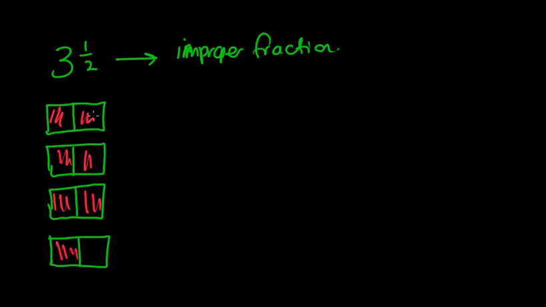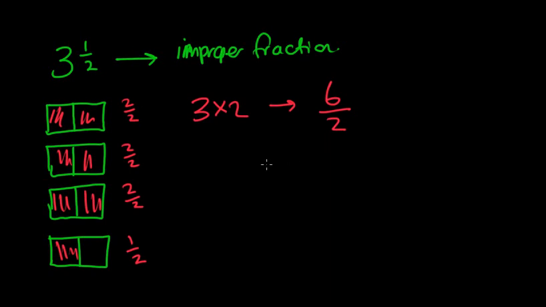So I've got 3 lots of 2 over 2, because that's 2 over 2, 1 whole, 2 over 2, 1 whole, 2 over 2 is 1 whole, and 1 over 2. So I've actually got 3 lots of 2 over 2's, which gives me 6 over 2's, and then I've got that 1 over 2 left over, which gives me 7 over 2.